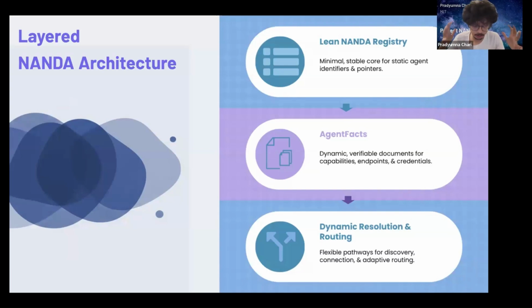The Nanda quilt of registries contains very critical specific information, which does not change very fast, whereas the agent facts is decentralized, distributed. Each agent controls its own agent facts, and it can have a lot more specific, detailed, fine-grained information such as capabilities, endpoints, governance, trust, auditing, all of these things that we think are very critical for the web of AI agents.